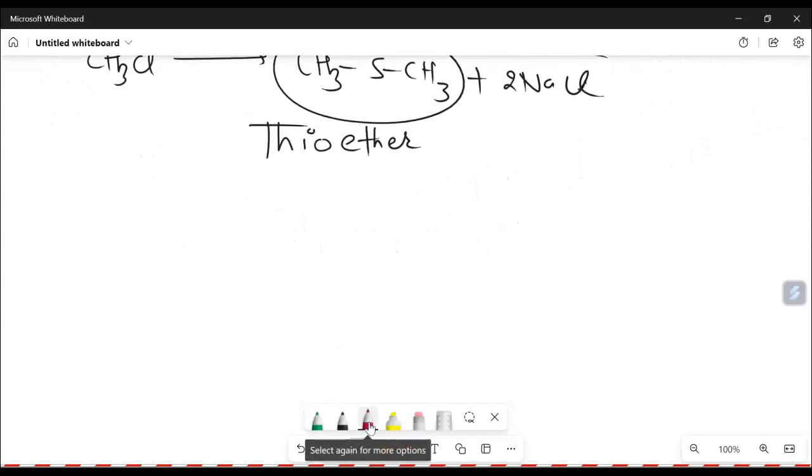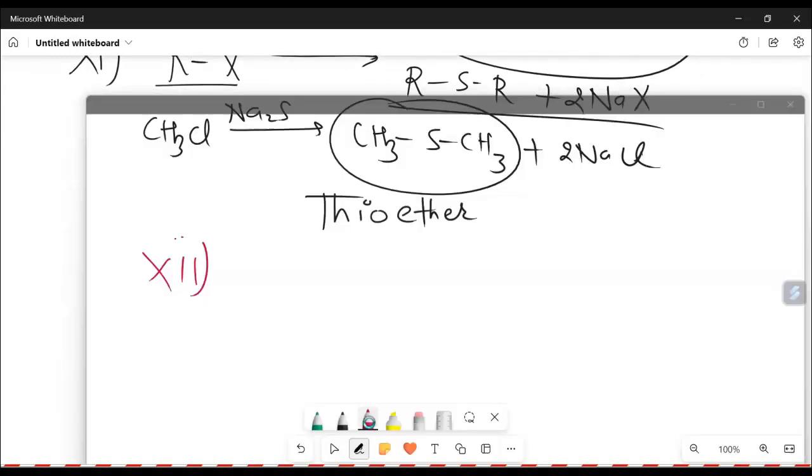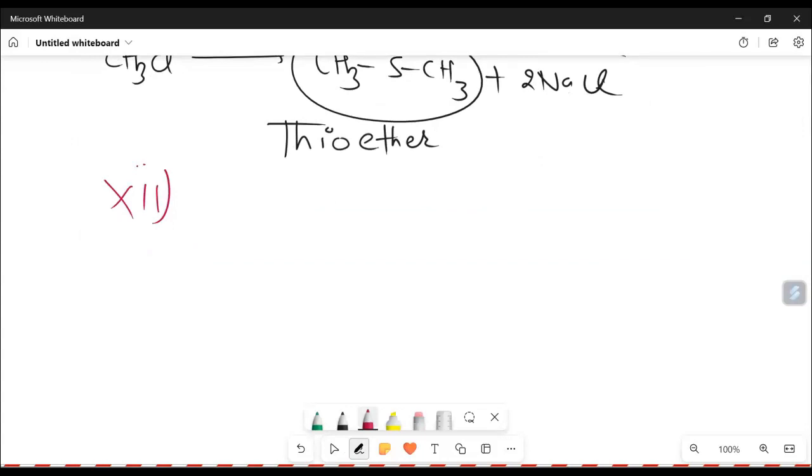The next reaction you can write down. This is again a very easy reaction. You can remember that R-X reacts with R'SNa.